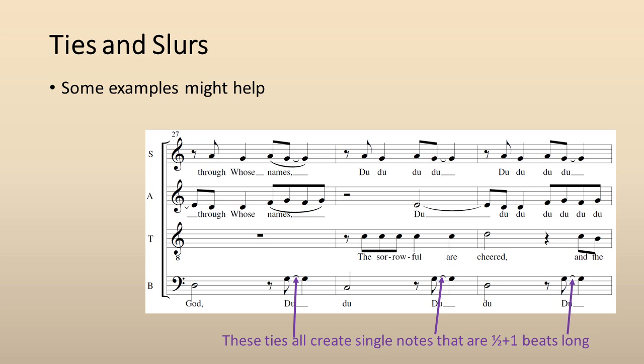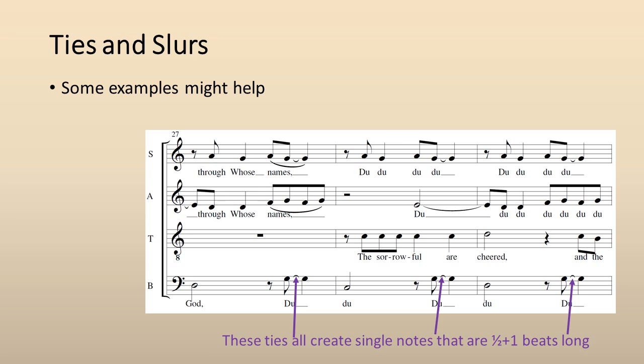In this example, we have lots of ties and a few slurs. There in the bass line at the bottom, you see some examples of notes tied together. This piece is in 4/4 time, which means a crotchet, the filled circle with a plain line or stem attached, gets one beat.